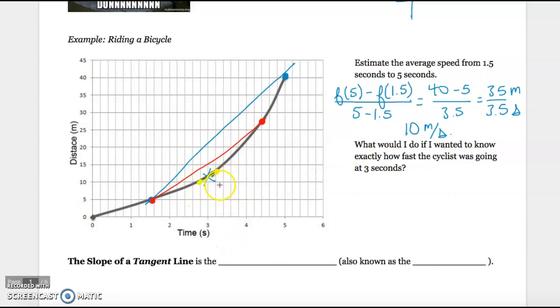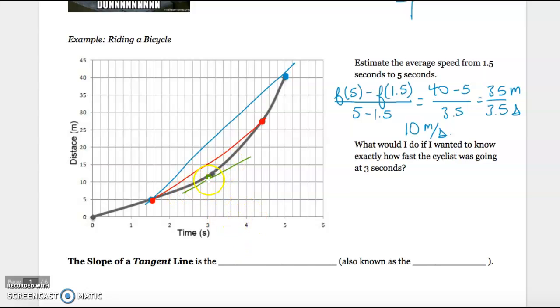So if you get the closer slopes, right? This was an average speed, this was a better average speed, this was an even better average speed. Ideally, what we would like to get to is that exactly at 3 seconds, I would like to pretty much get as close to 1 point as possible, because these all require 2 points. And I would like to find the slope at this exact value, at this exact point.